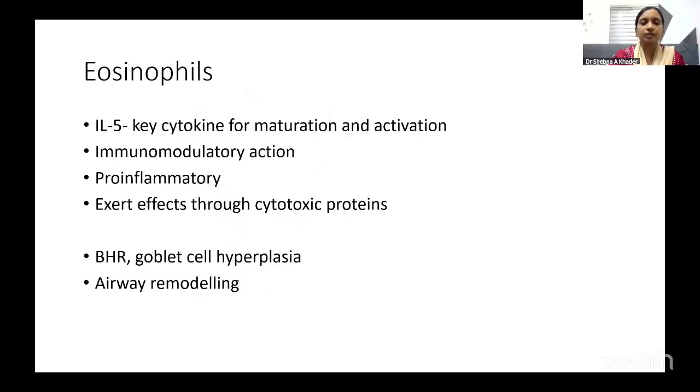Eosinophils are the main cells of Th2 inflammation, and IL-5 is the key cytokine for their maturation and activation, and it has immunomodulatory action and also pro-inflammatory action. So it exerts effects through cytotoxic proteins, resulting in bronchial hyperresponsiveness, goblet cell hyperplasia resulting in increased mucus production, and also has a role directly in airway remodeling.